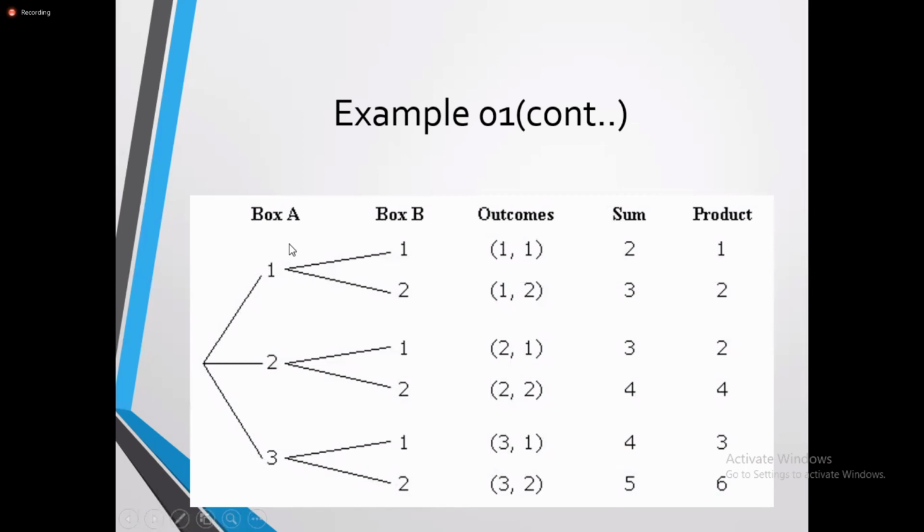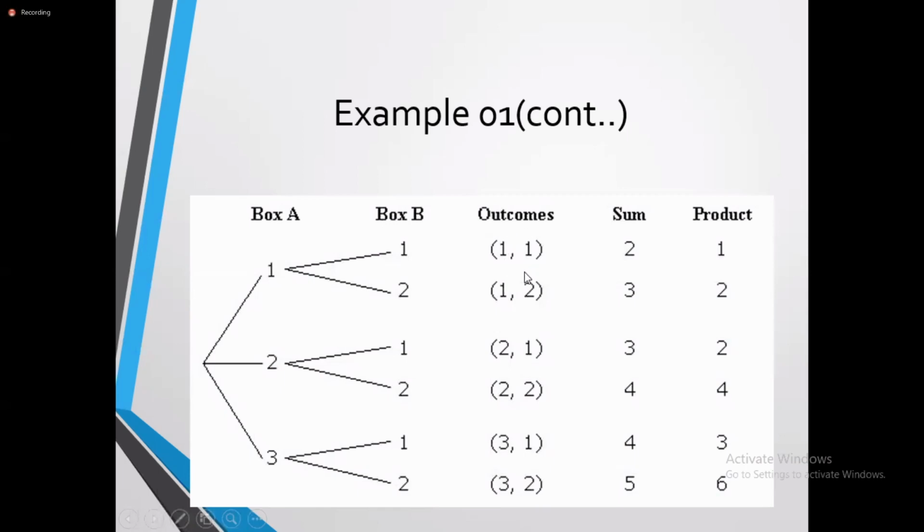So box A contains 3 cards, therefore it has 3 possible outcomes. Box B contains 2 cards, therefore we have 2 possible outcomes. Altogether, we will have 3 times 2, 6 pairs. These are the outcomes of the experiment.